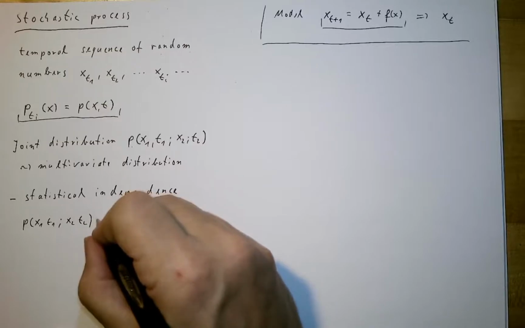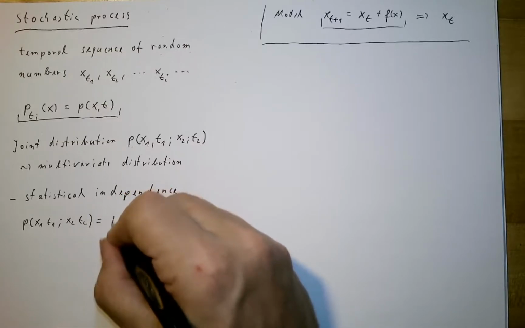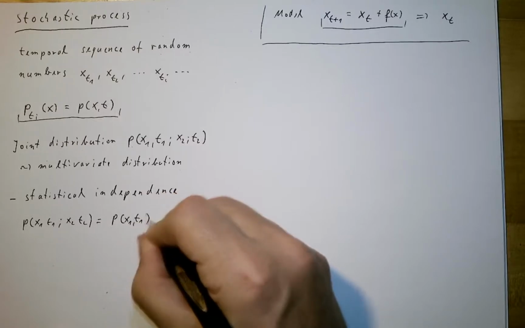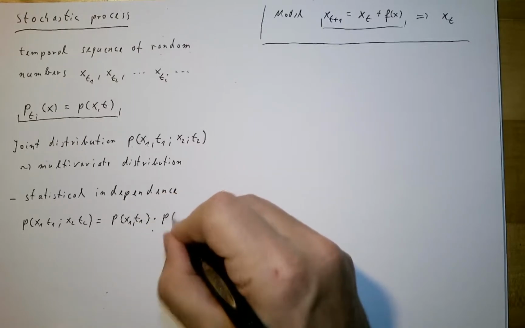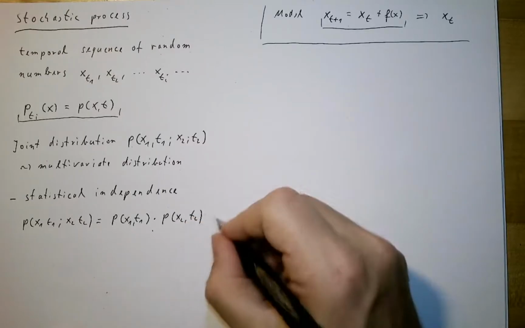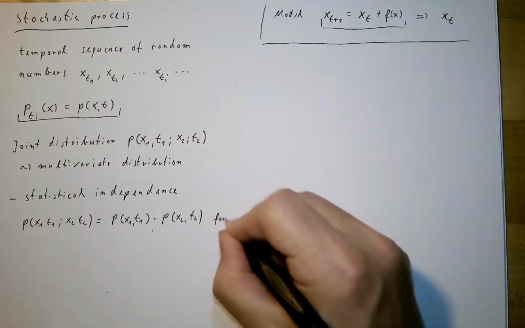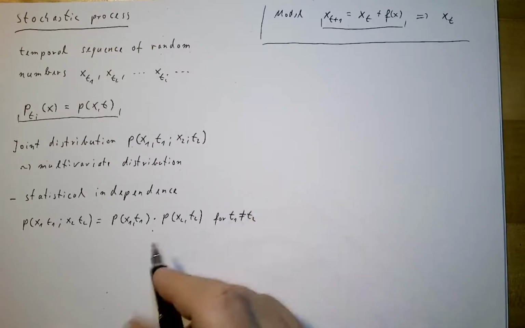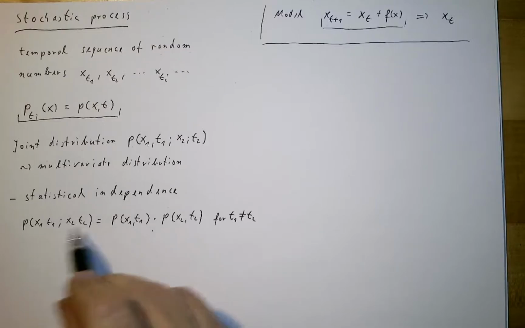We can write this as a product of the marginal distributions, P of x1, t1 times P of x2, t2. And that's important, t1 not equal t2. We are speaking now about different time instances.